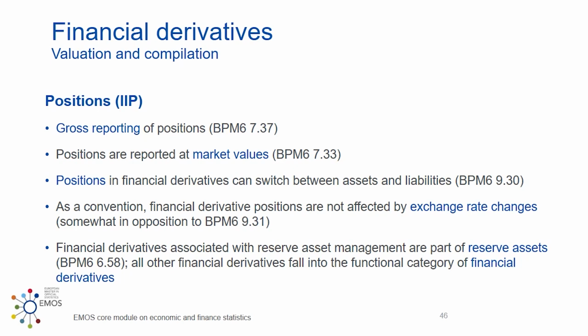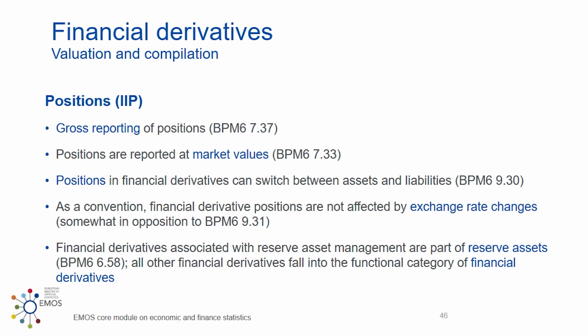Next thing is, as a convention, financial derivative positions are not affected by exchange rate changes. This is written a bit differently in BPM6 in paragraph 9.31. But nonetheless, the convention nowadays, if you look at the presentation, is that financial derivatives are only affected by market price effects.